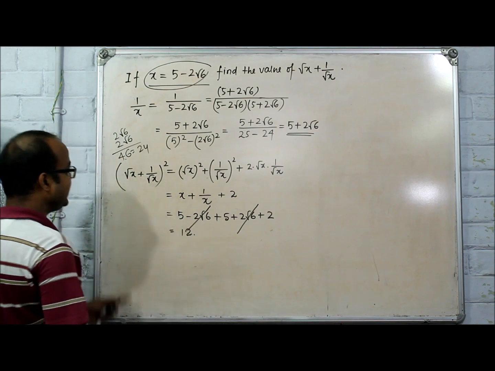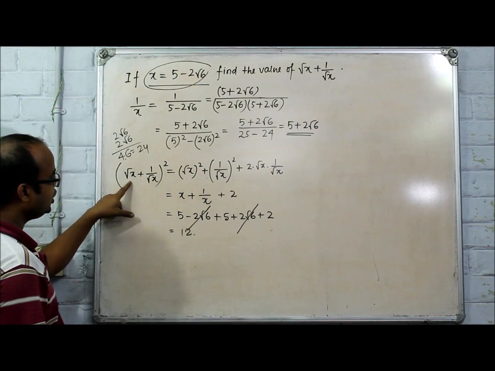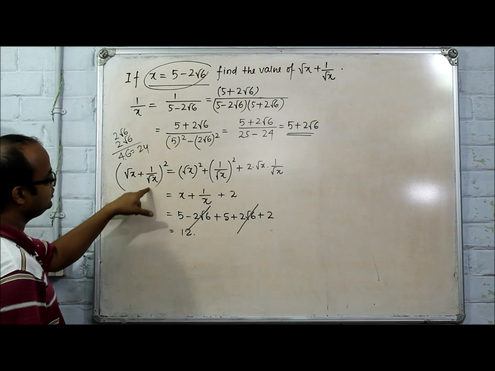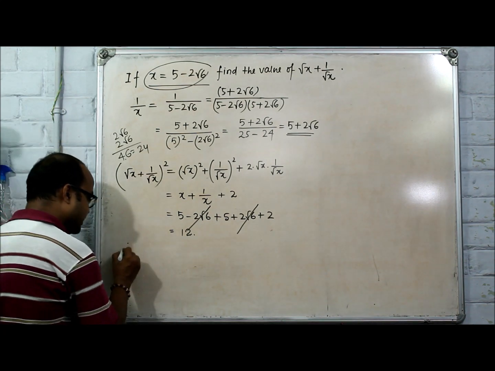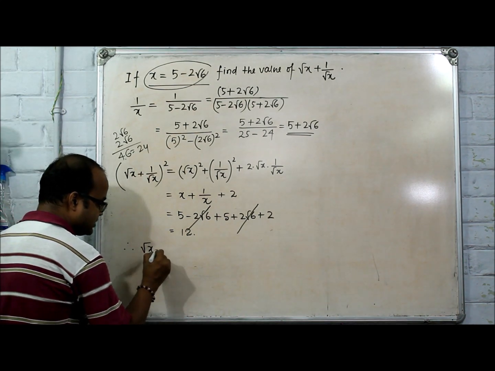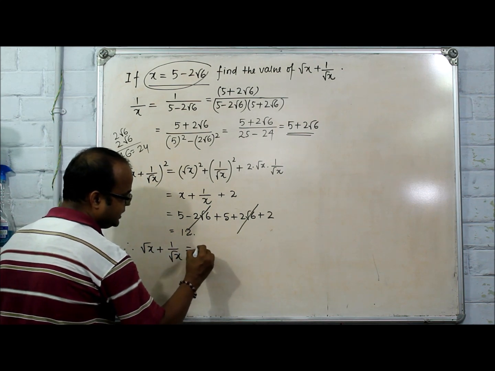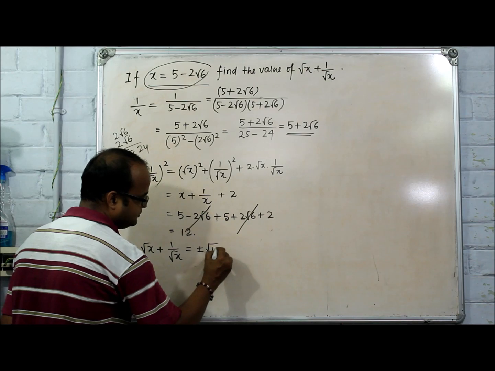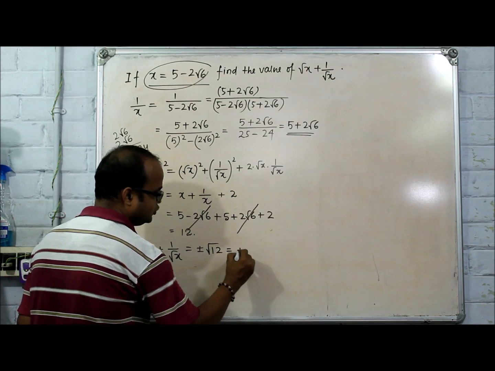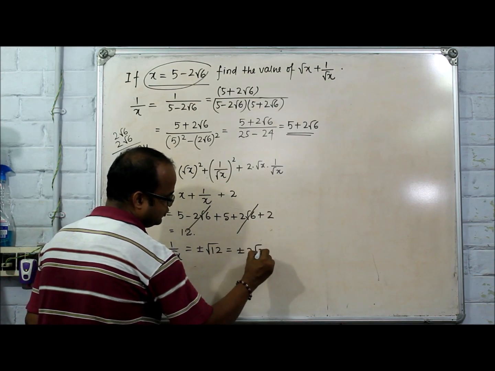Now 12 is the value of square root of x plus 1 by square root of x whole square. Therefore, if you take the square root on both sides, you get plus minus square root of 12. So this is equal to plus minus 2 root 3.